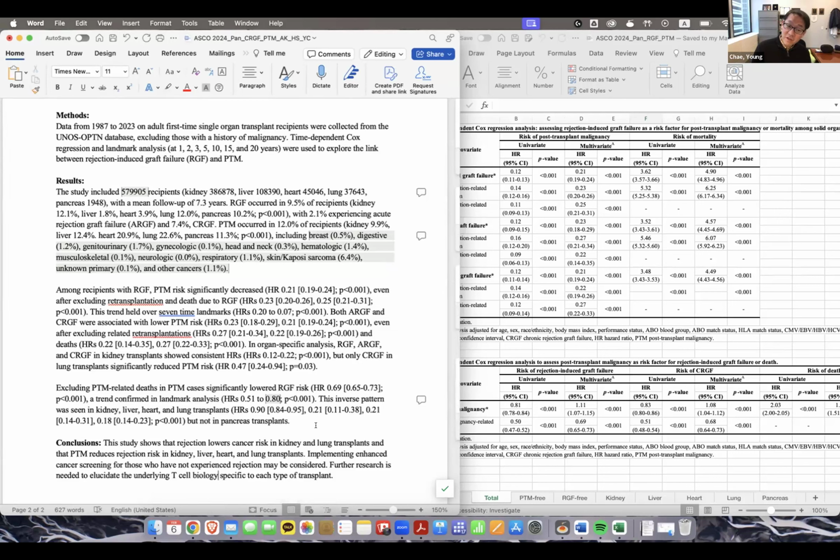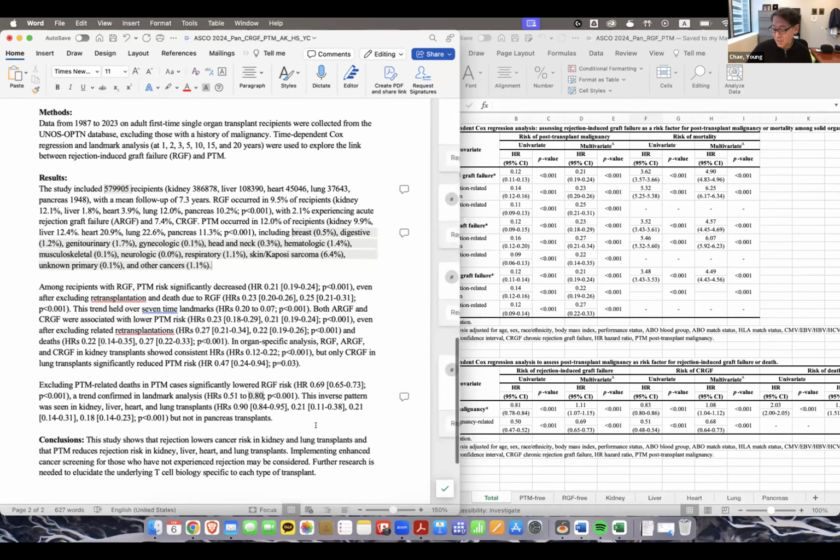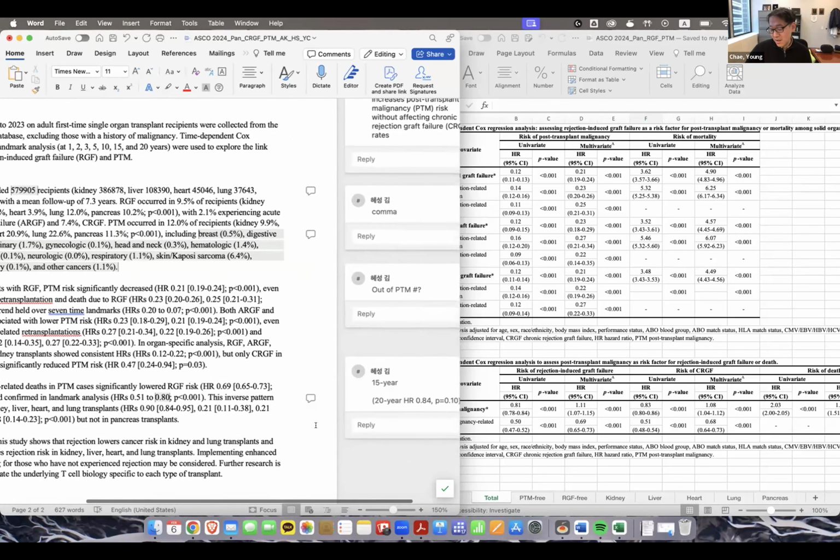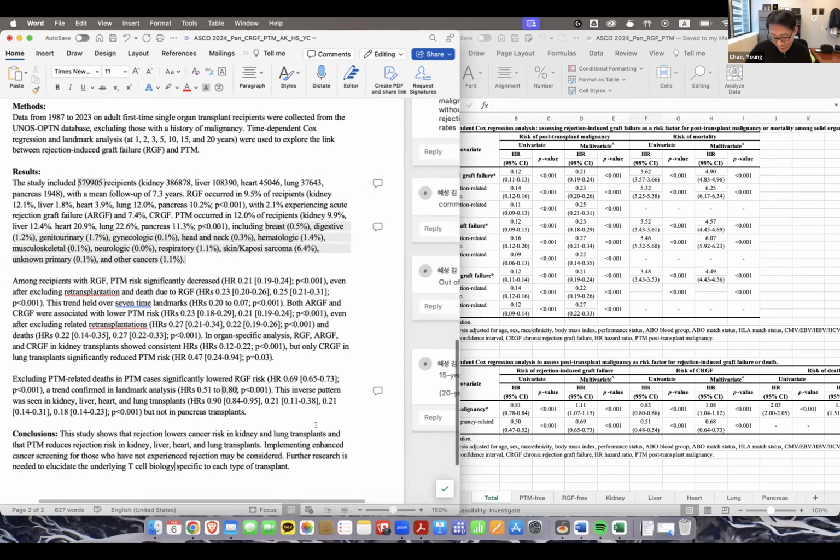I think this has a really big public health impact. And look at the sample size, 500,000 or 600,000 patients. This is what JAMA and Lancet like. And it's a privilege that we have access to this type of big data, because it's usually very expensive to get.